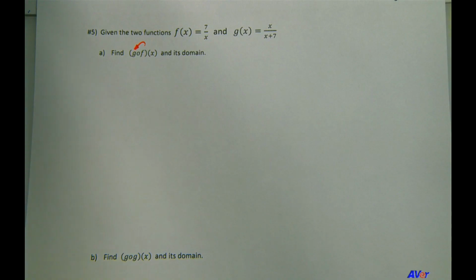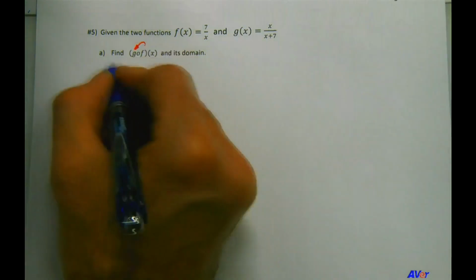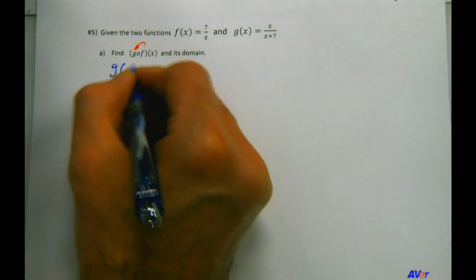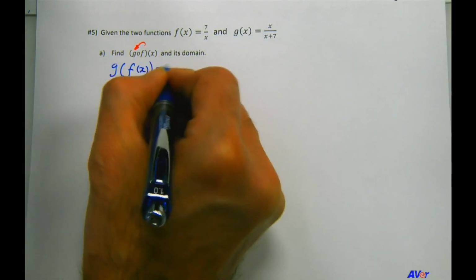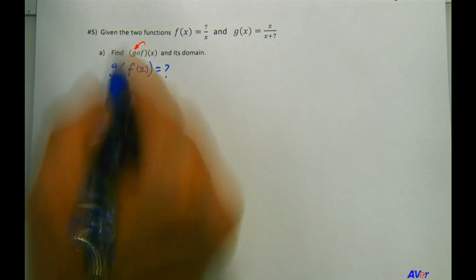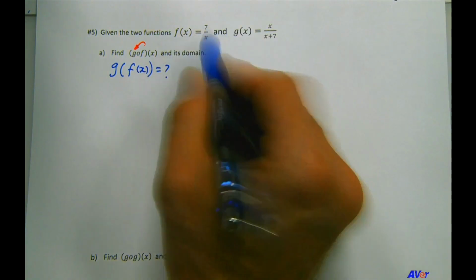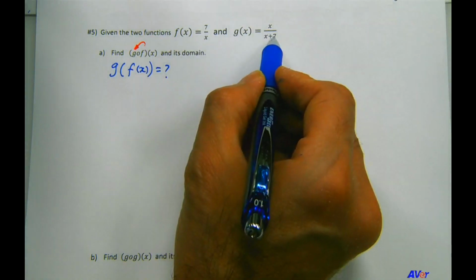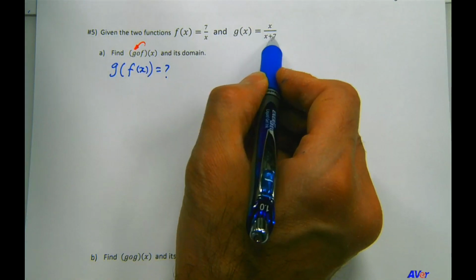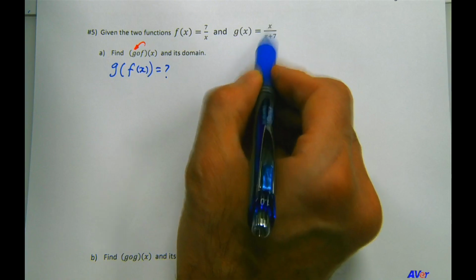All right, so this is saying composition of g and f. That's what they're asking us to find. f goes inside g, like I've shown. So where can f go? f cannot go inside 7. 7 is just a constant. It's fixed. But x is a variable.